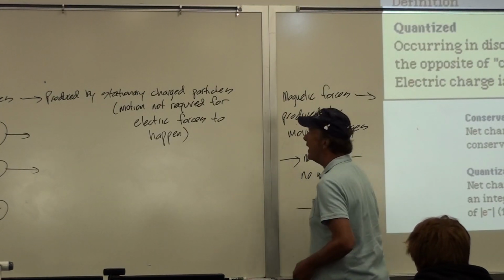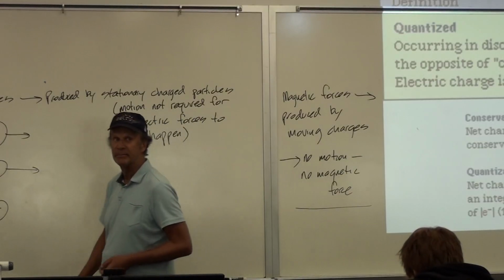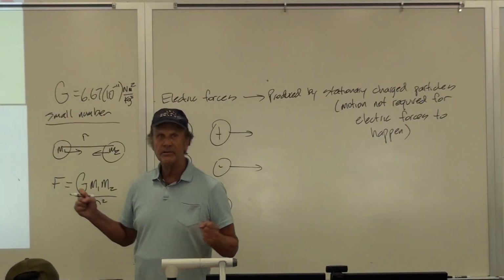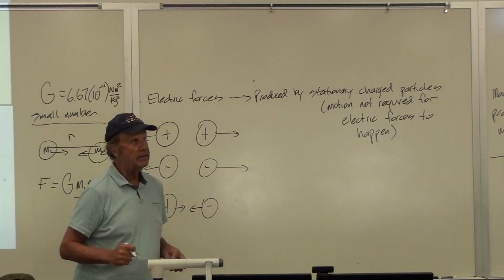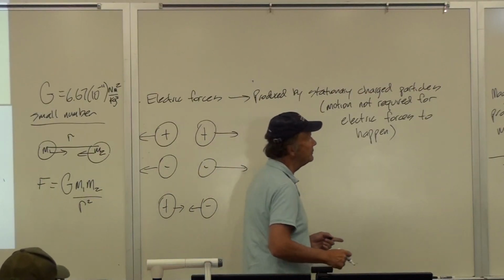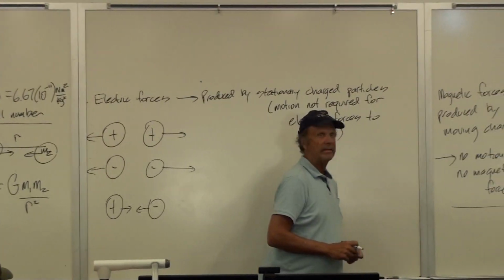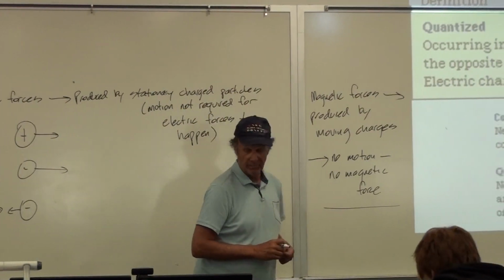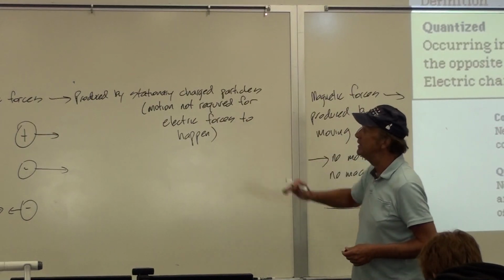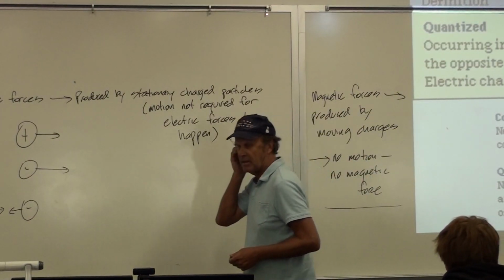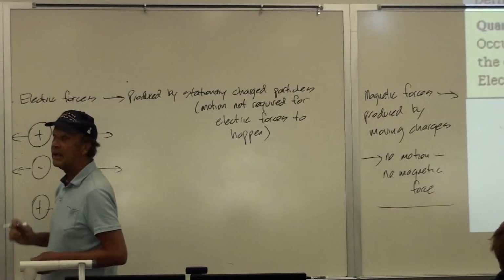So something's got to be moving for magnetism to happen. Nothing is required to be moving for electric forces to happen. Now, I'm not going to do much with magnetic forces for at least a month, maybe even a little more than that. But I wanted to compare and contrast them here before we go into more detail with the electric forces. Any questions, sir?